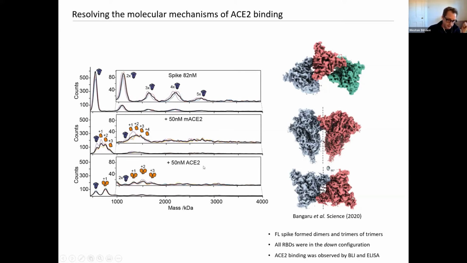With the wild type ACE2, so to speak, we could see what would appear to be an ACE2 dimer binding, and I should say that at this point we don't know if this is an ACE2 dimer or 2 ACE2 monomers bound. We don't have that structural information, but I will highlight that we only see even numbers of ACE2 bound. So it appears to us, and this is something that we're following up, that the spike does preferentially bind ACE2 dimer, at least in this experiment.